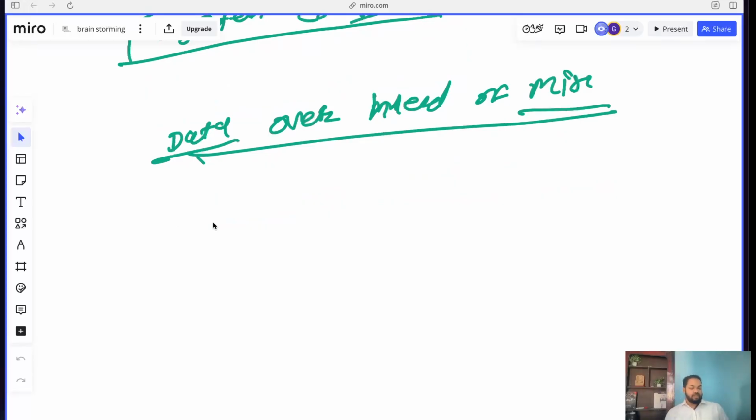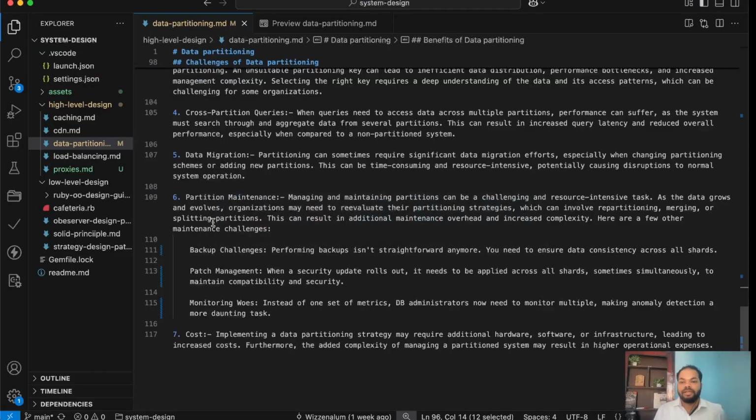And then the next one is, I again forgot it. Let me see. Partition maintenance and cost. The next one is the partition maintenance. Partition maintenance is because now you have multiple partitions. So the manager has to look after all the partitions as they grow big, and now has to manage all of them instead of managing one.